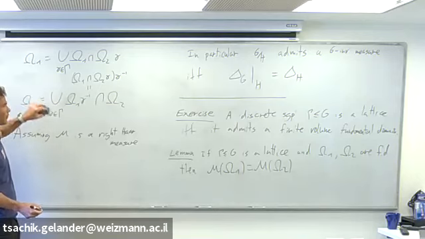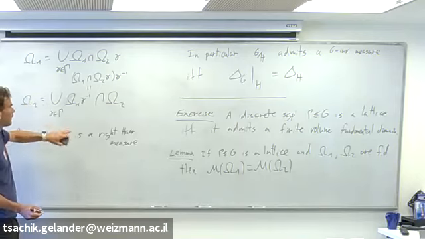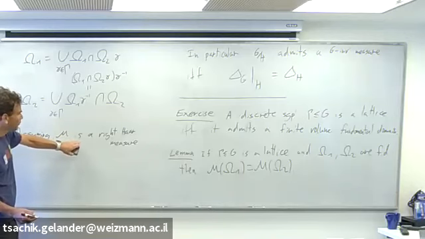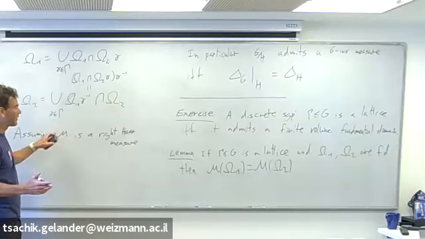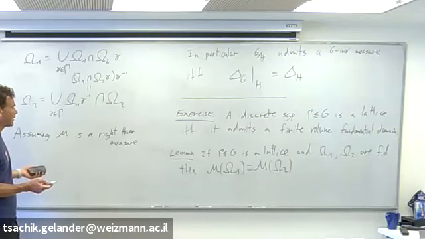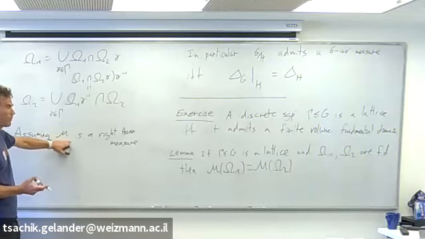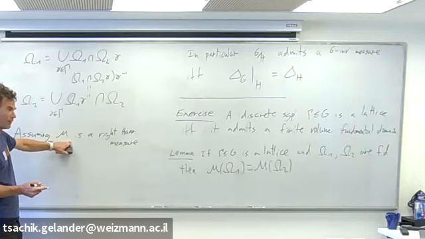I don't want to assume it. So you mean Gamma is a lattice for some left or right measure? Wait, that's okay. Assuming mu is a right Haar measure.